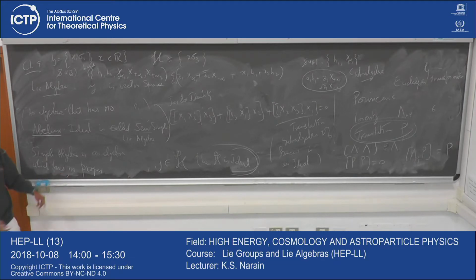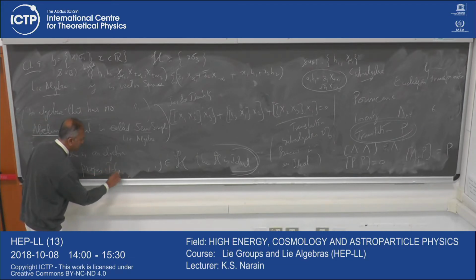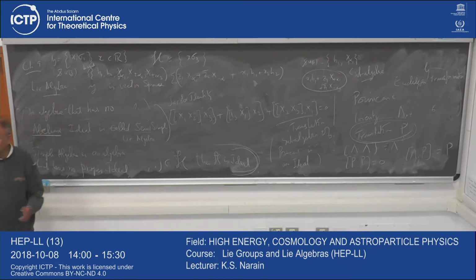But when you say proper ideal, proper means it's not the full algebra, it's smaller than that. Neither the full nor the trivial one, zero dimensional. It's somewhere in between. So there is no proper ideal. And of course, it's not abelian itself. It's not U1. Excluding U1, you have no other proper ideal. That's the definition of a simple algebra.